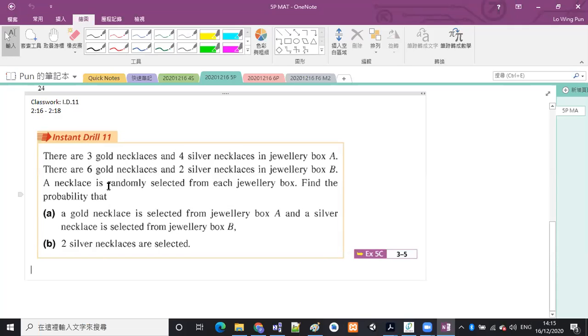Part 1 is selecting a necklace from box A, and part 2 is selecting a necklace from box B.